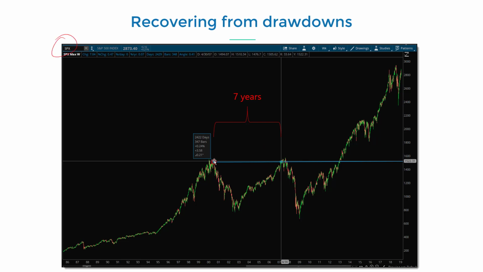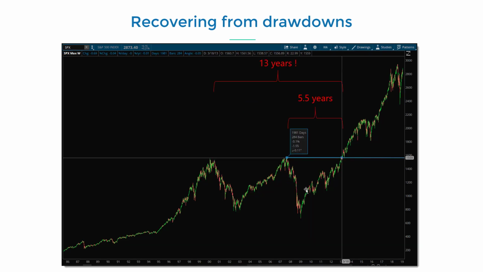But when you were here and you then had a drawdown and the market actually recovered here, that's a 7-year period, right? And what happens once you get back through to being happy again, going, oh gosh, I waited 7 years, I'm finally back to break even. Boom, right?